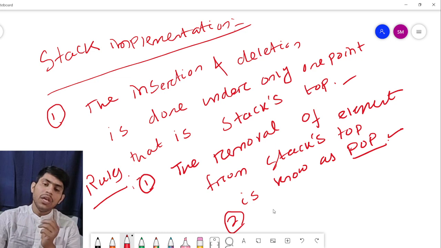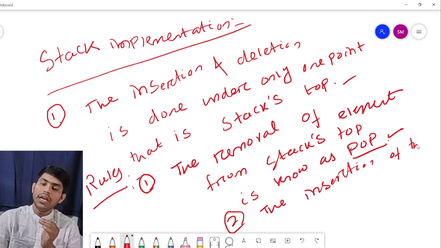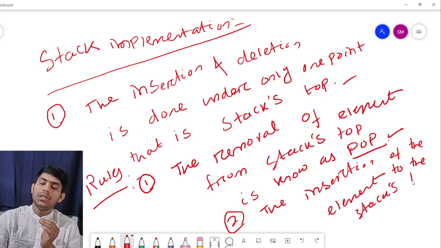The second one: the insertion of an element to the stack top is called push in the technical term.